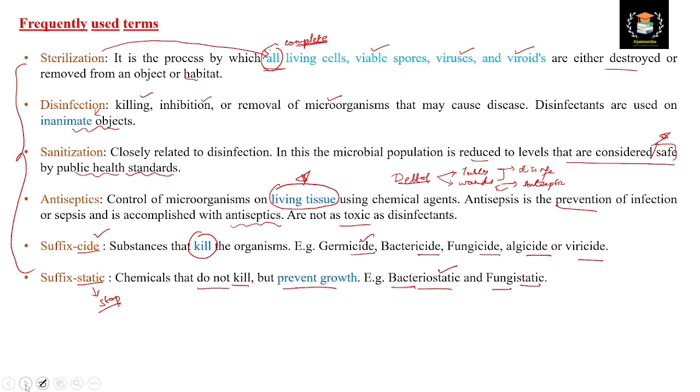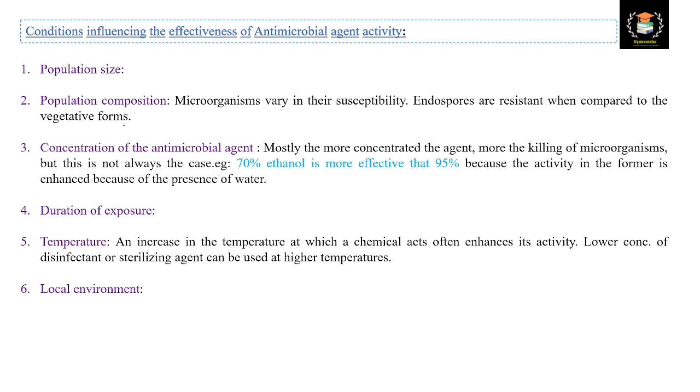The next part is, what are the conditions which influence the effectiveness of antimicrobial agent activity? They are the population size and the population composition of the microorganisms against which the antimicrobial agent is being used.